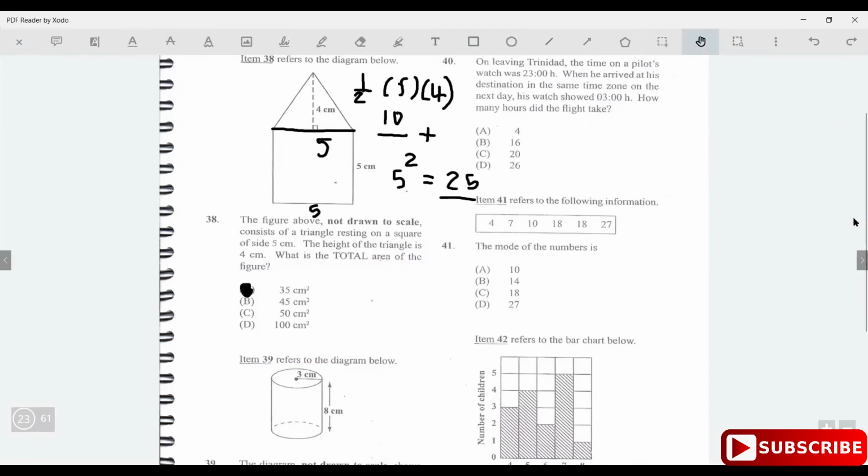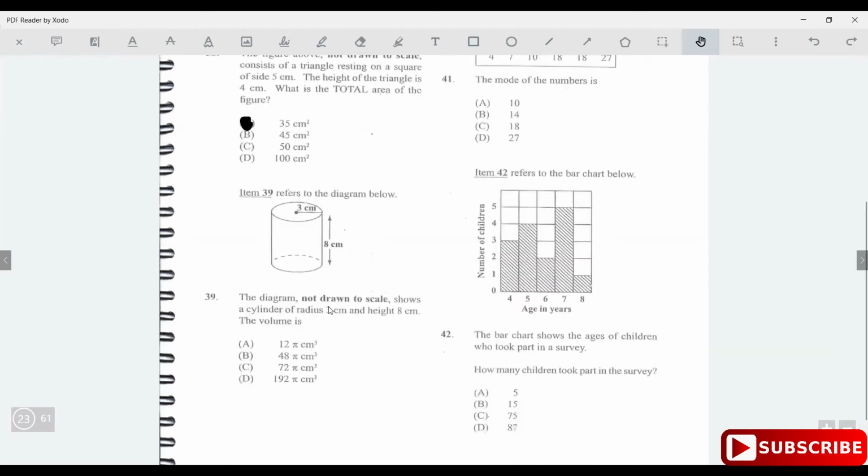All right, question 39. The diagram, not drawn to scale, shows a cylinder of radius 3 centimeters and a height of 8 centimeters. Find the volume. Remember, volume is equal to pi r squared h.